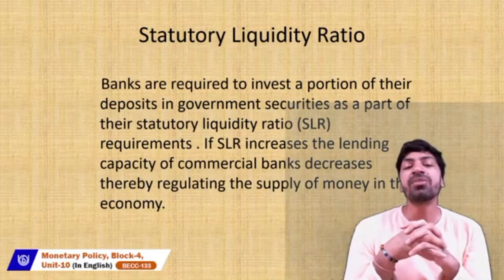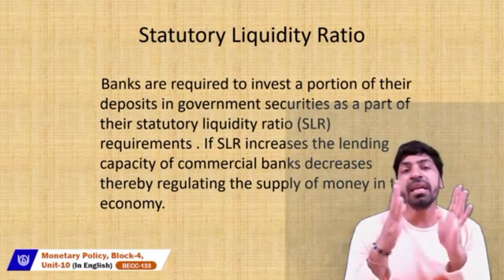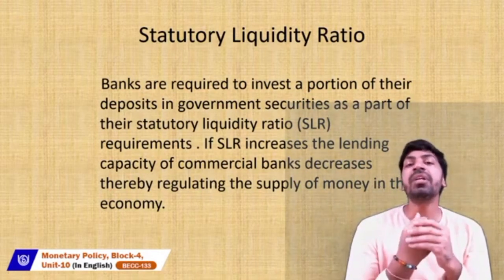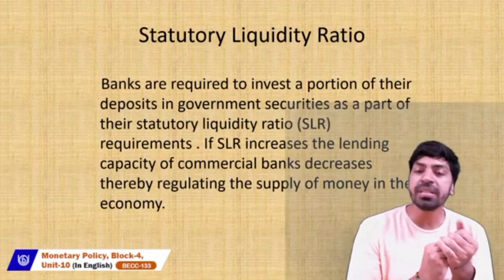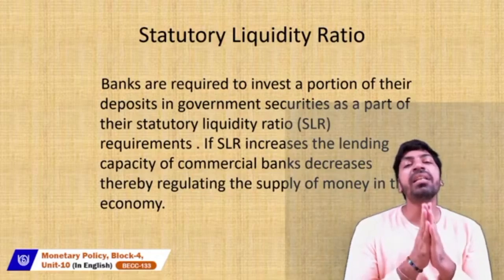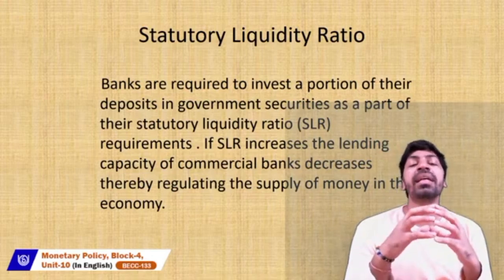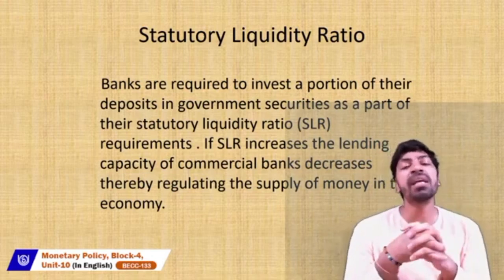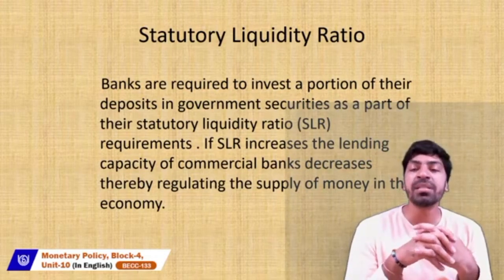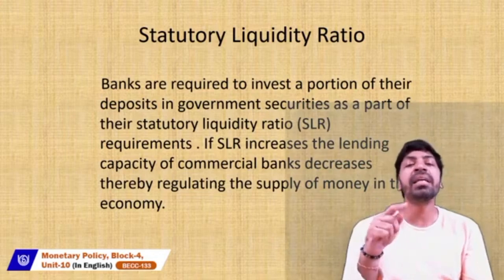Now, to control inflation, if the statutory liquidity ratio increases, then automatically the lending capacity, the credit capacity of the commercial banks will decrease. Why?